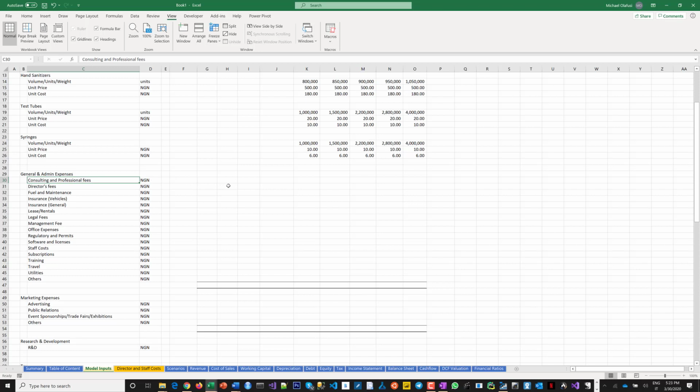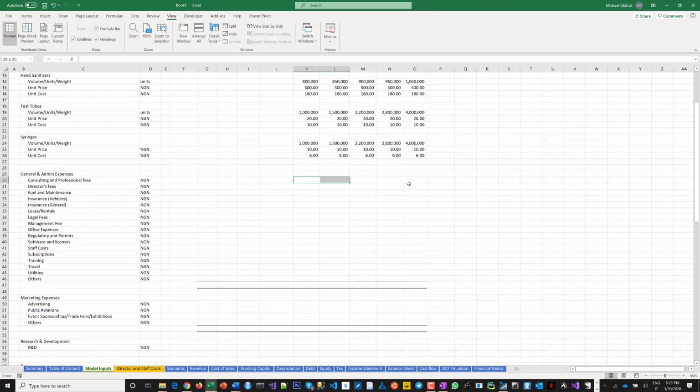So consulting and professional services: for manufacturing companies, they're going to need consultants, especially for the production lines, to help them configure and set up the software to do the automation. Typically any large company will have to spend on consulting and professional services.